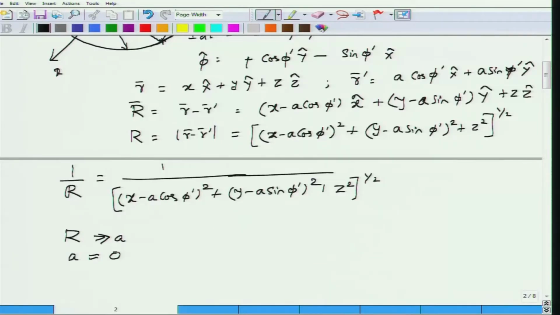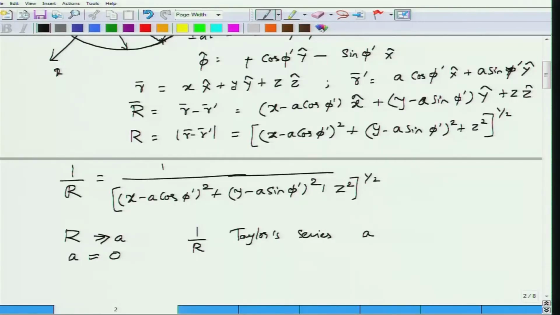In other words, I am going to assume that the loop radius is quite small, and my observation point P is very far away from the current loop. So because of these two assumptions, I can expand this 1 by r in terms of a Taylor series around a. Okay, so I will assume that a is a variable, and then I will apply a Taylor series to approximate this 1 by r.